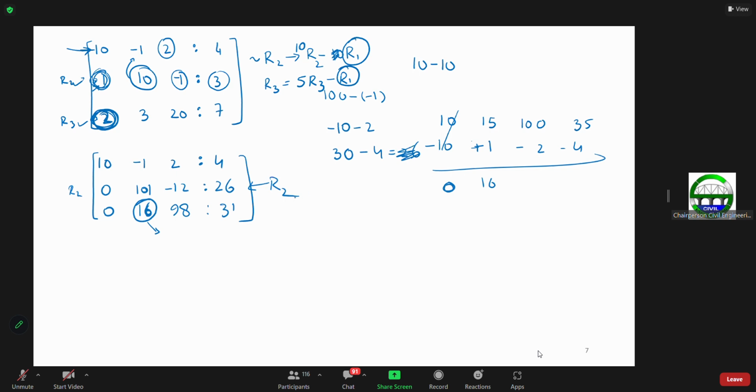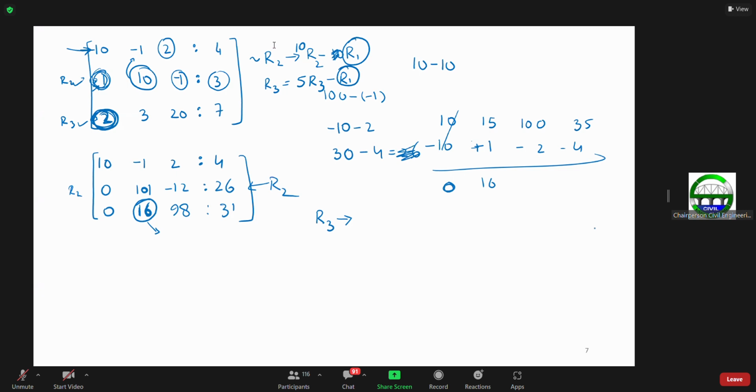So we have to apply the operation in R3, right? So my R3 should look like, there is 16 and there is 100. So we have to do 10 R3 minus R1, so this one should be 0. So I have to multiply with a common factor.